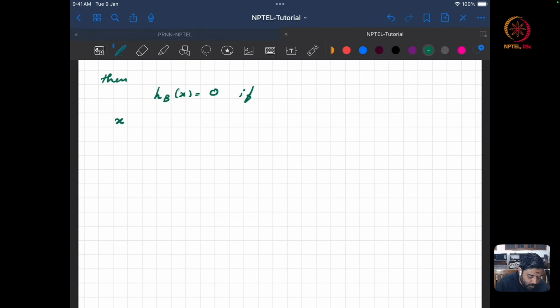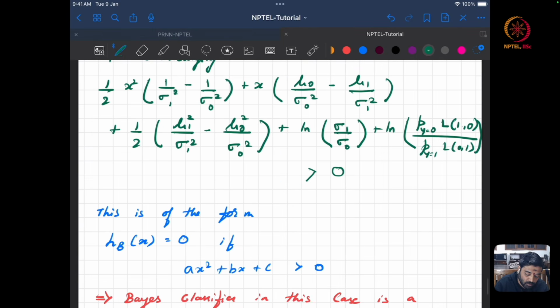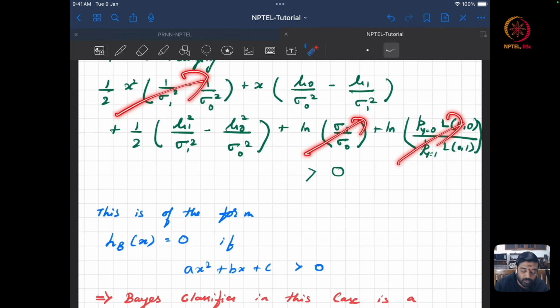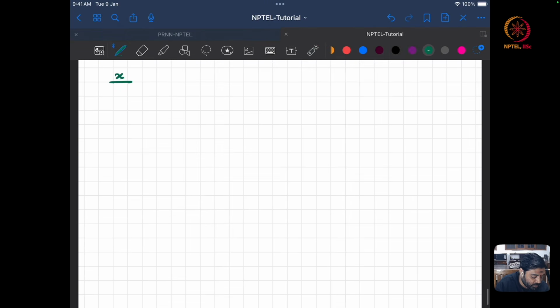Then it will be x, and this term will go off again, this will go off, this will go off. These terms will go off under the current conditions. x divided by sigma square into mu 0 minus mu 1, minus 1 over 2 sigma square into mu 0 square minus mu 1 square, is greater than 0.